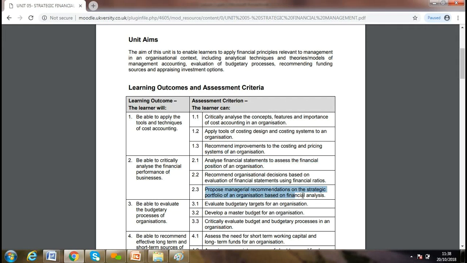Then we'll discuss proposed managerial recommendations on the strategic portfolio of an organization based on the financial analysis. You can draw conclusions and recommendations and propose whether they have to reduce, increase, or invest, and where this company needs to be in future.